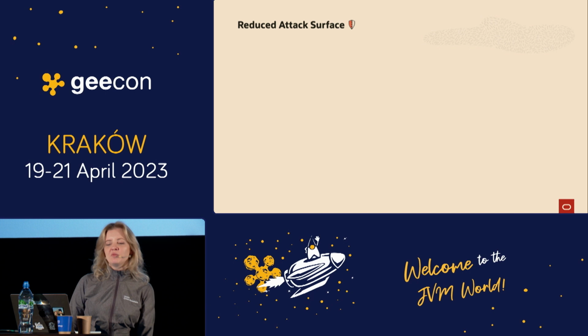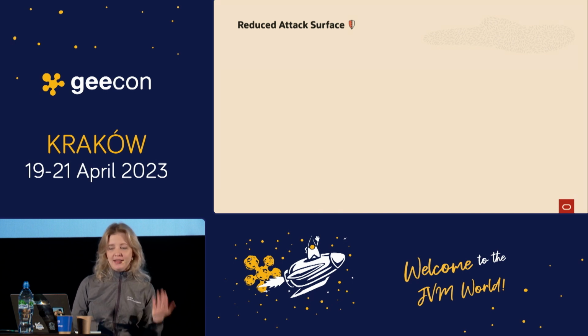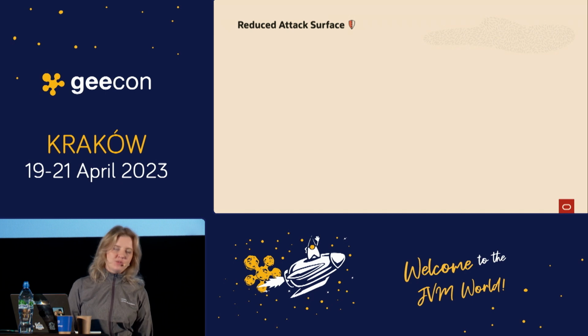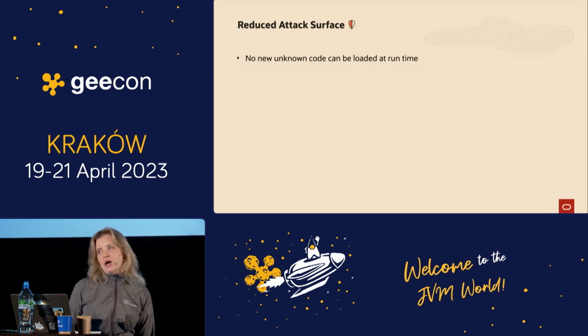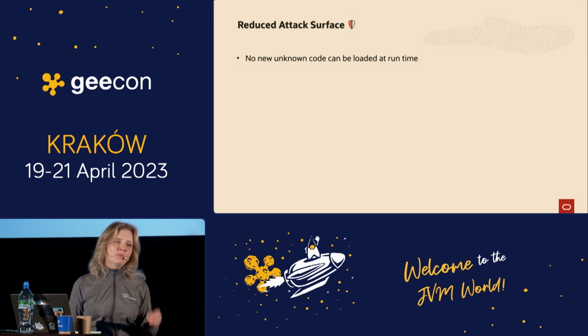And one more interesting thing about native image, which I think is not talked about enough, but I personally like a lot, is the security aspect. As we said, native image is compiled ahead of time at the image build step, and this means that there is no new arbitrary code execution at runtime. It may be seen as a limitation, but I would say it's rather a design choice.